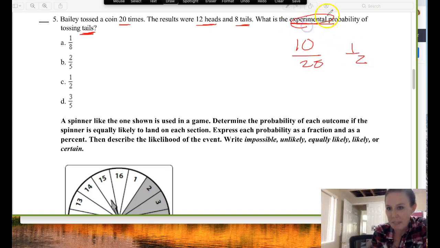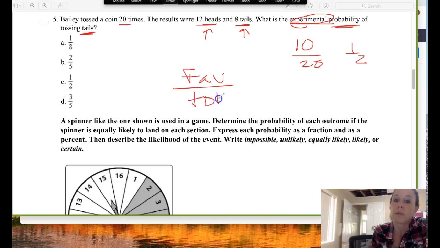Experimental means I actually did the experiment. I tossed them 20 times and this is what I ended up with, 12 heads and 8 tails. So what's the experimental probability of tossing tails? Now remember, probability is your favorable over your total, okay? So favorable meaning what I want. Now what I want is tails. So the favorable I actually got was 8 tails, not 10.